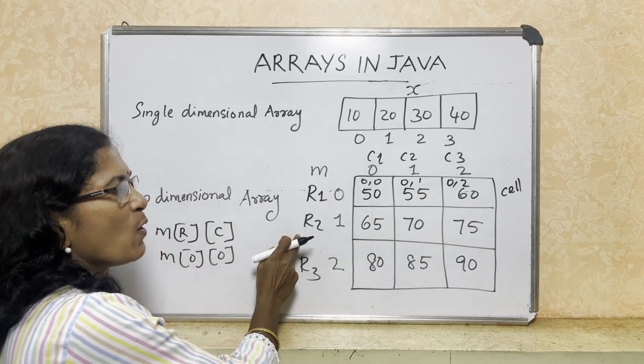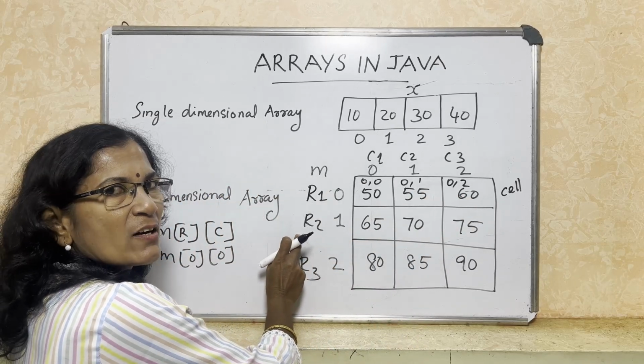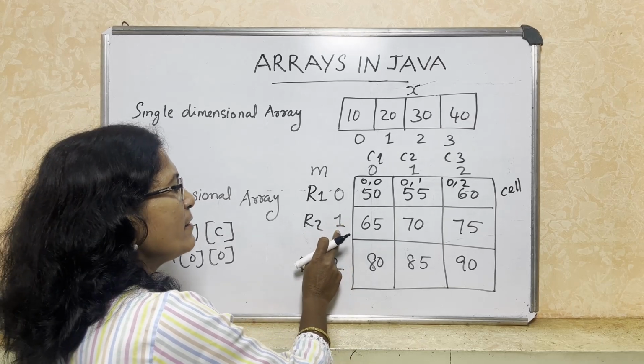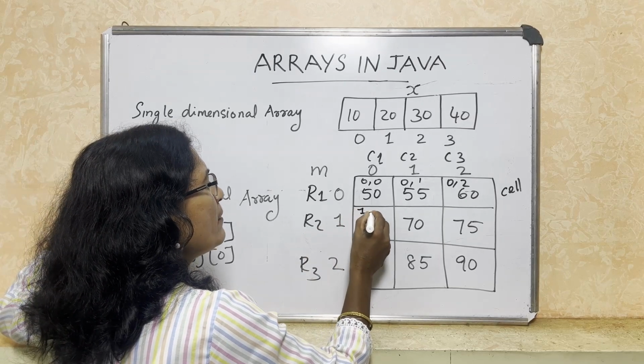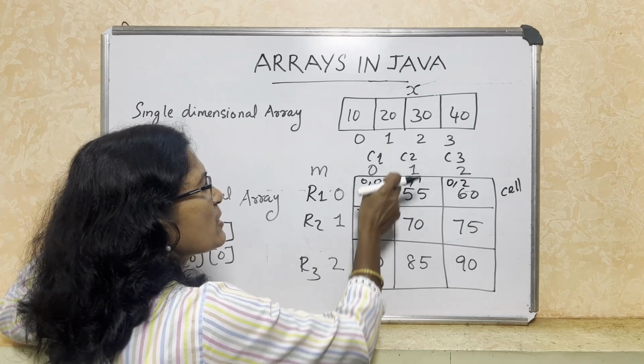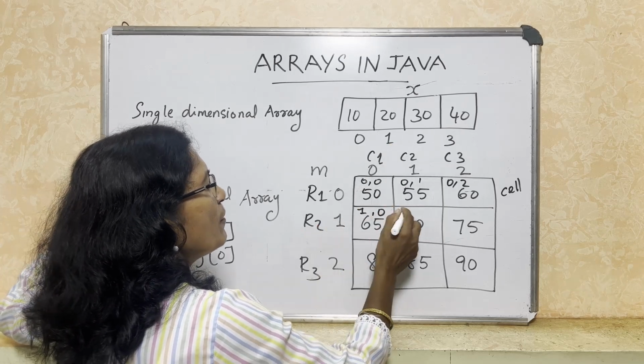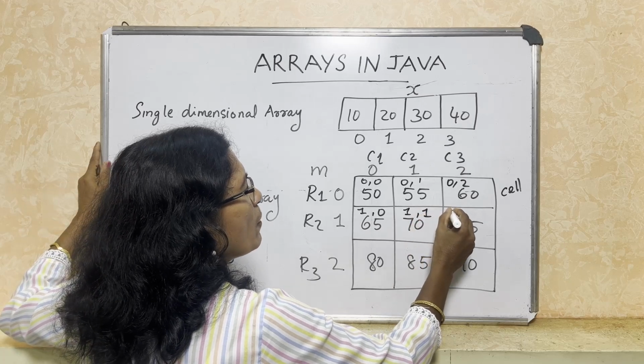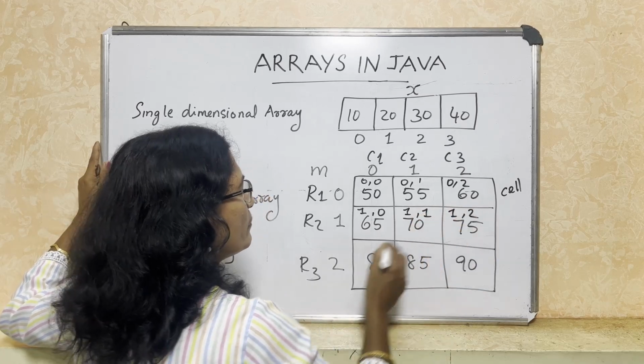And the cells of the second row are referred to with the second row numbered as 1. So m of 1, 0. It's in the first column. M of 1, 1. M of 1, 2.